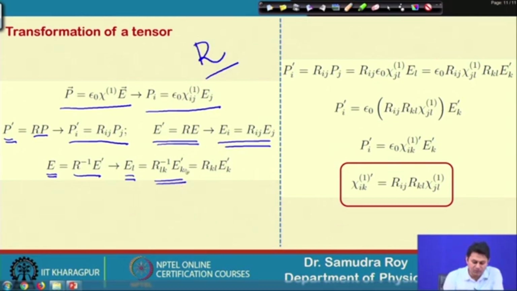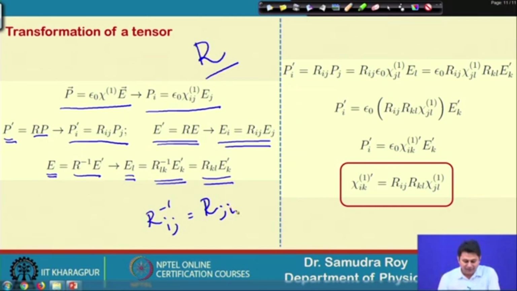I use the same principle here, going from the non-prime component to the prime component. Why? You can see that R inverse_ij is R_ji, because they are orthogonal. These are the relationships that should hold.